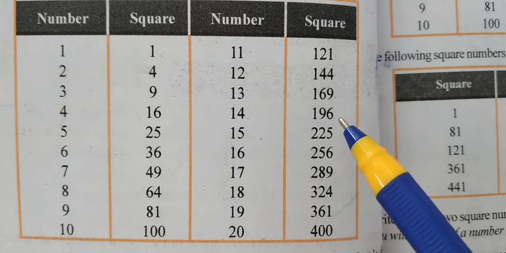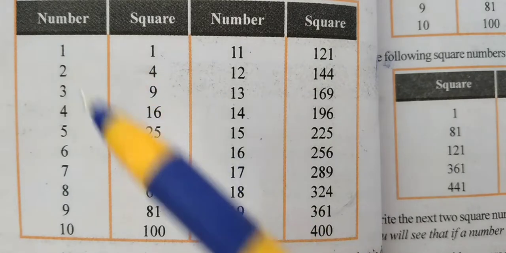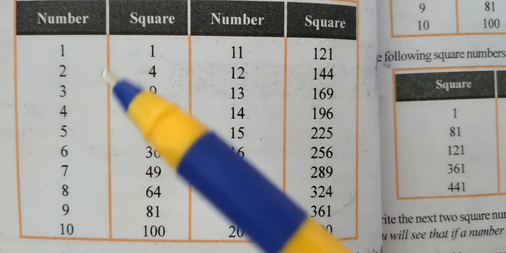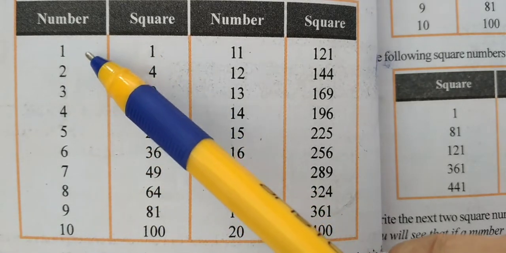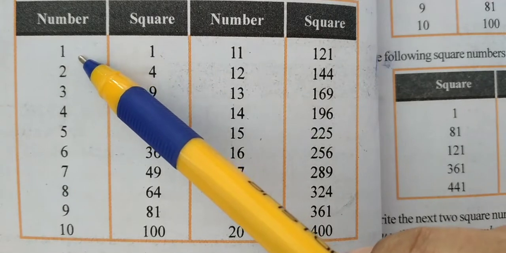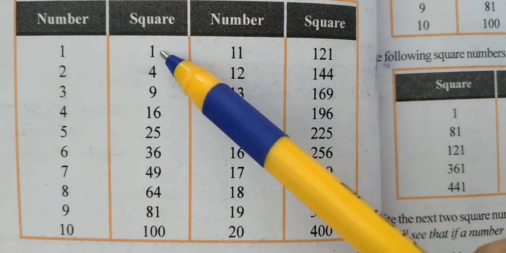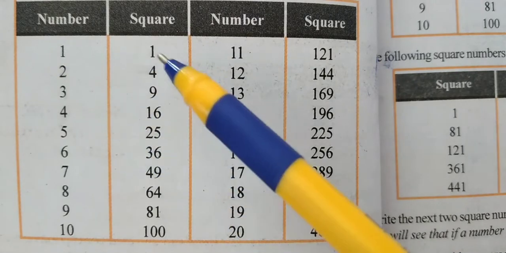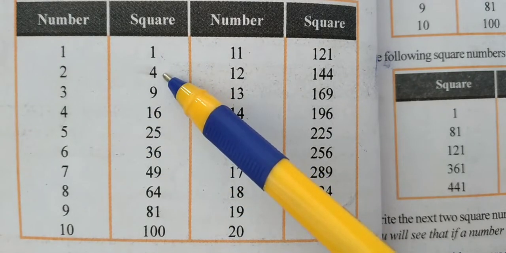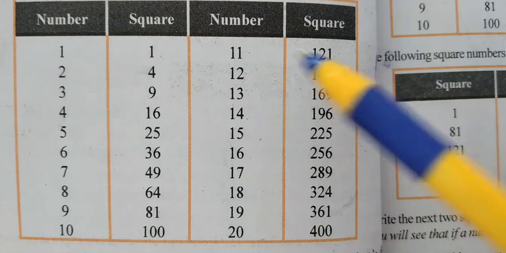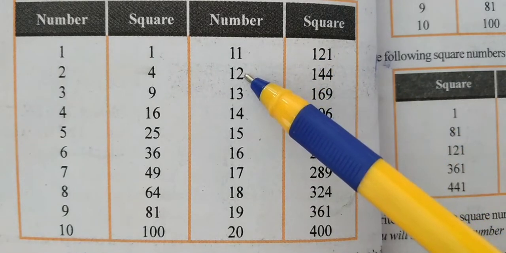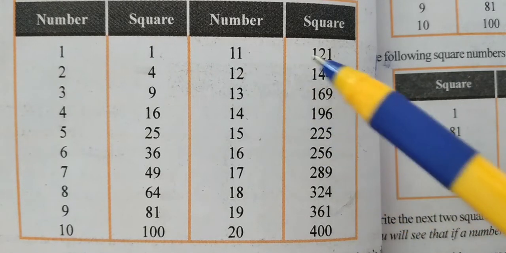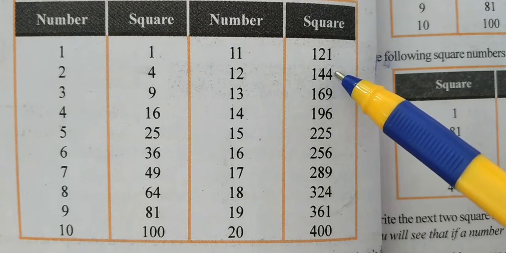So you have to remember that when you square a number, if that number has 1 in its units place, then its square also will be having 1 in its units place. If it is 2, then 4 will be in its units place. Here you can see 2 at the units place, then on squaring you get 4 in the units place.